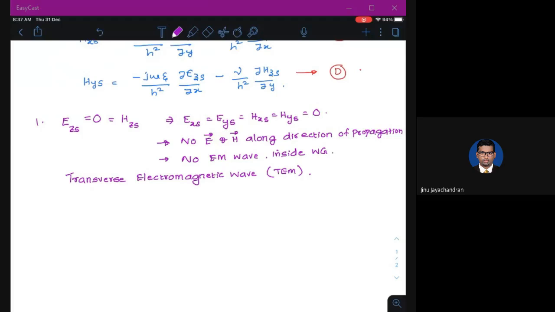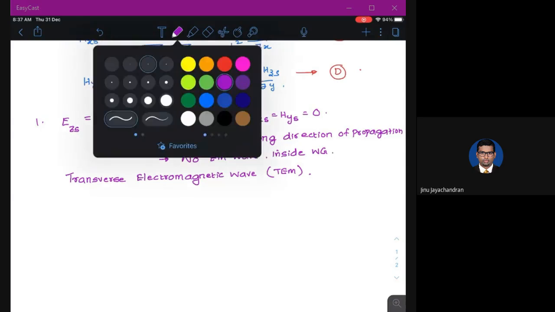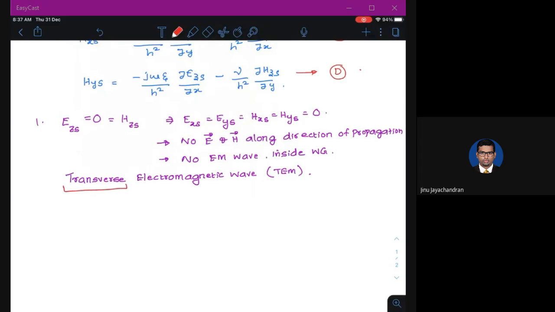Now here you should note that the name transverse basically means perpendicular. So it says perpendicular electromagnetic wave, which means electric field and magnetic field are perpendicular to the direction of propagation. So this implies E and H are perpendicular to the direction of propagation.